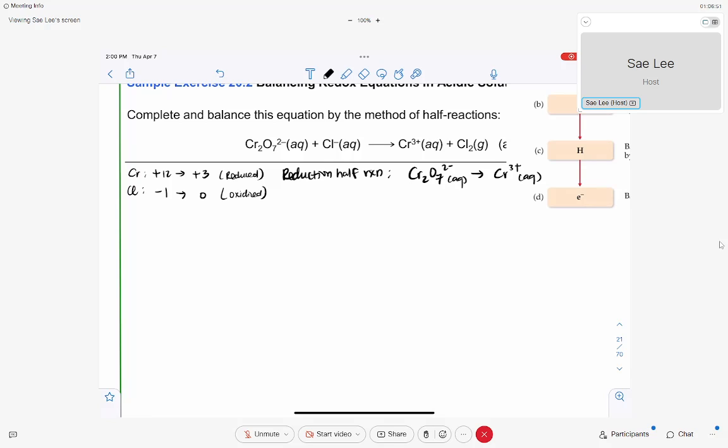This is the reduction half reaction. The oxidation half reaction is this portion of the reaction.